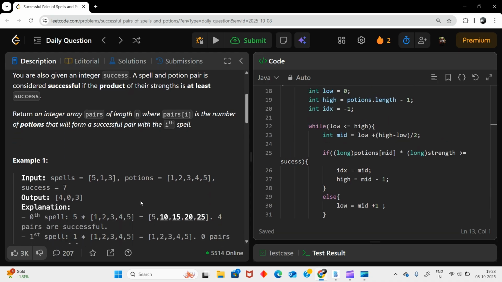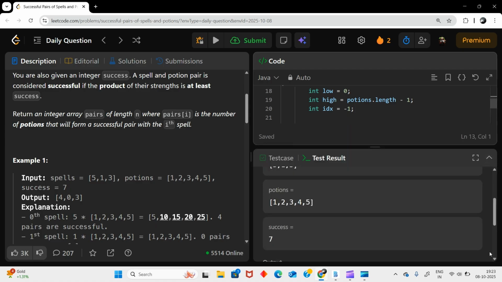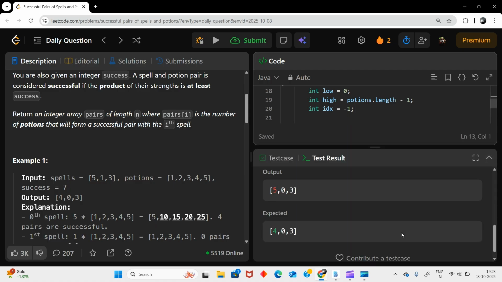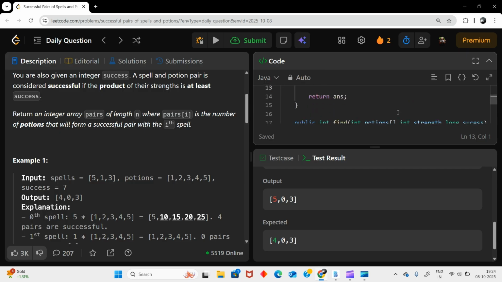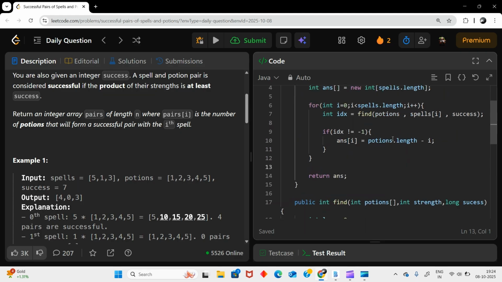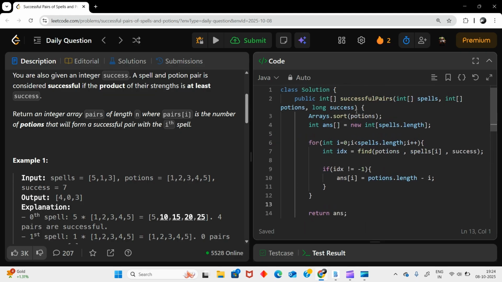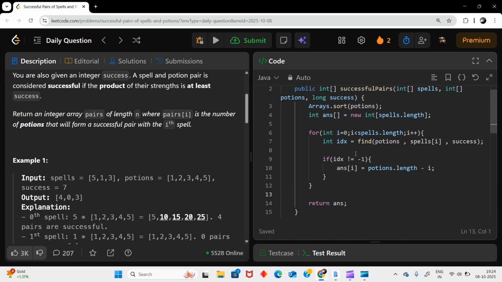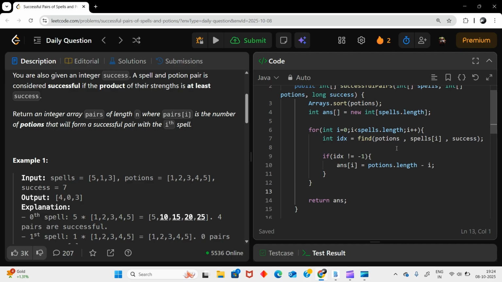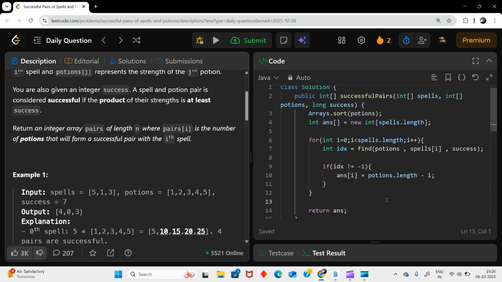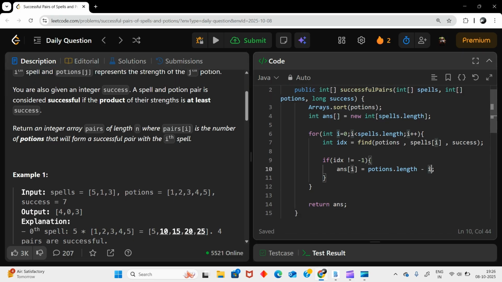Let's say for 5, why are we getting this? We first sorted, right? Did the sorting, I think. Let's check. Yes, we first sorted the portions, then I have this spells.length. With i I will find the success. So here we need to subtract index, not i.